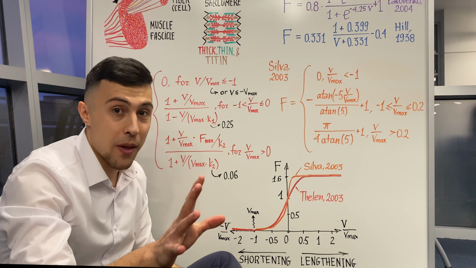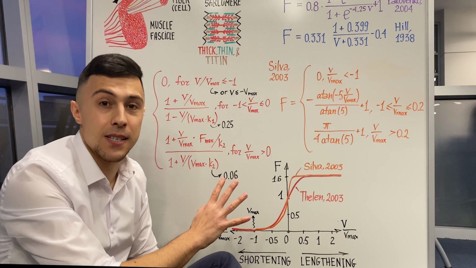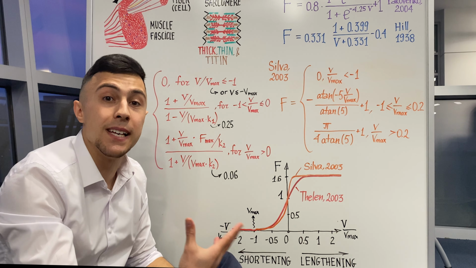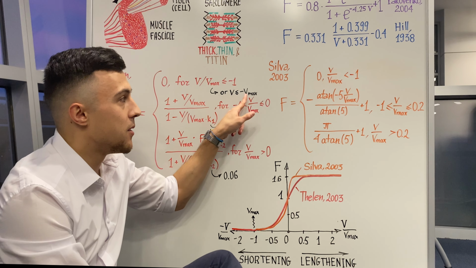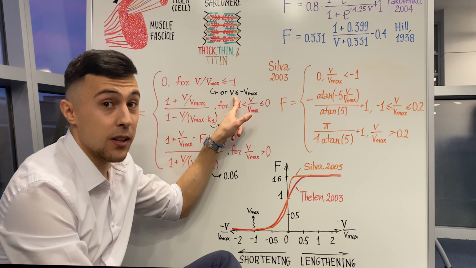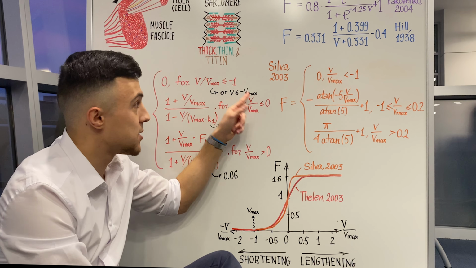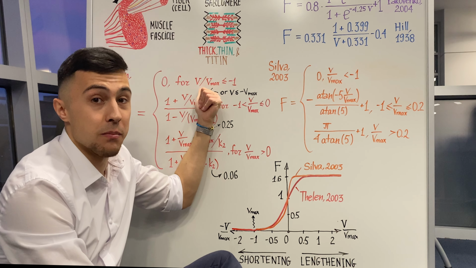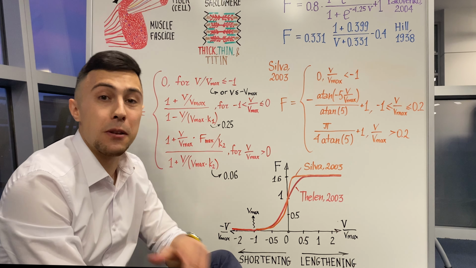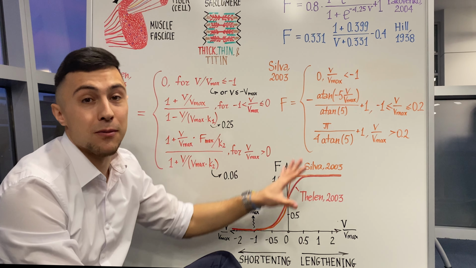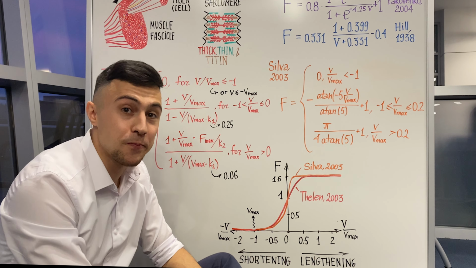So now one thing here, each one of the scientists is using normalized axis. What is that? If you divide this inequality by Vmax, what you will get is V divided by Vmax is smaller than -1. So that is the notation we'll be using in the remaining part of the video too.